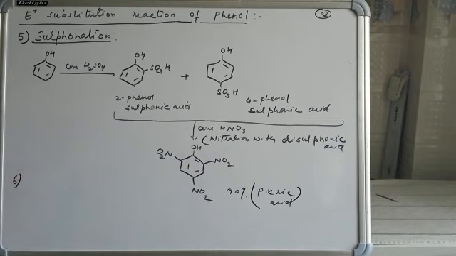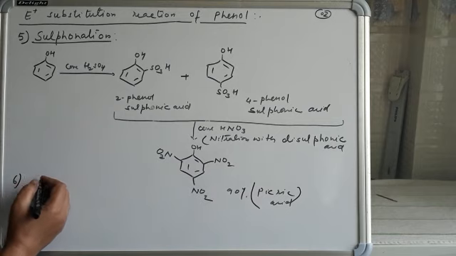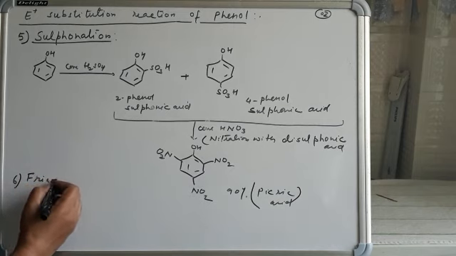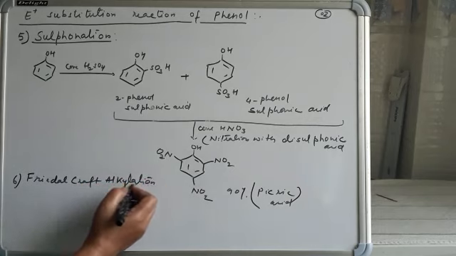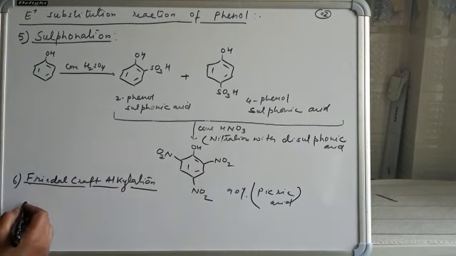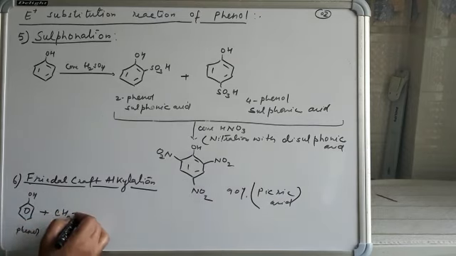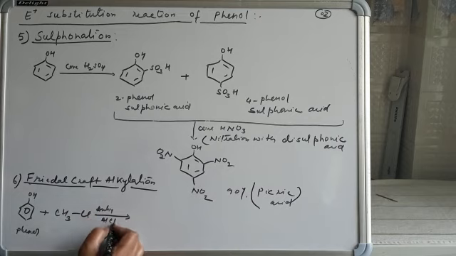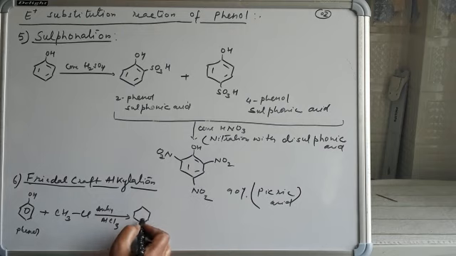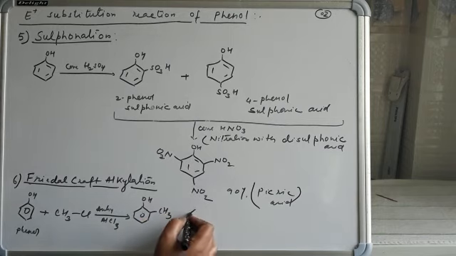Next, Friedel-Crafts alkylation. Friedel-Crafts alkylation is done with phenol with methyl chloride in presence of a Lewis acid, most commonly aluminium chloride, and ortho and para cresol are formed.